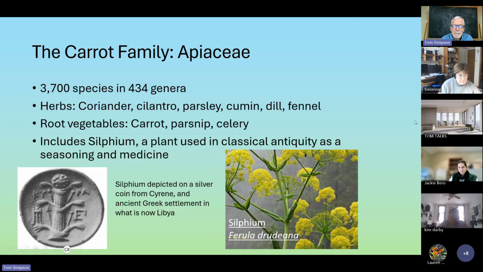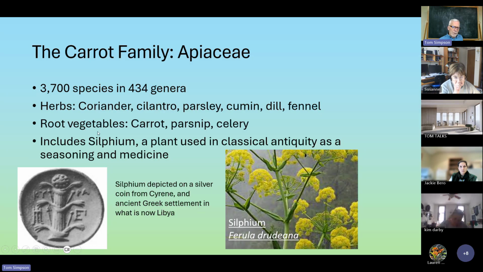Lots of herbs and some foods in this family. Yeah, carrots, celery, typical table vegetables you might eat raw. Silphium is an ancient carrot family plant.